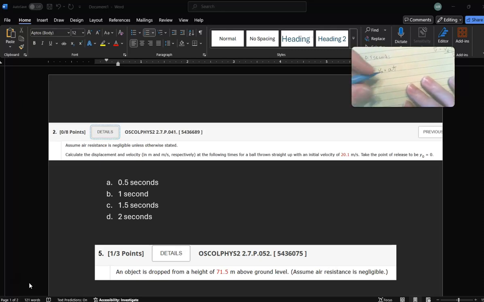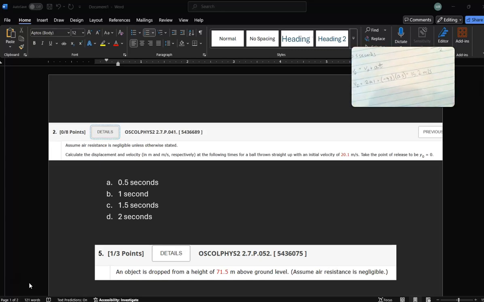When t equals 0.5 seconds, my final velocity is going to be my initial velocity, which is 20.1, plus a negative 9.8 times t, which is 0.5 seconds. When we take 20.1 plus negative 9.8 times 0.5, we end up with a final velocity of 15.2 meters per second.